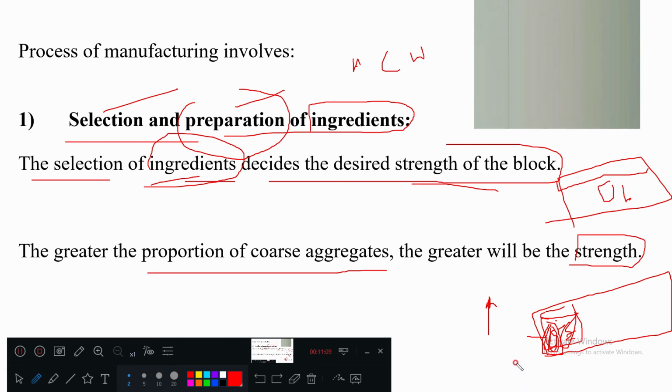So in the design mix, when you are preparing a particular mix for block manufacturing, you do a trial and error method and arrive at proper ingredient quantities. That is why you can increase the coarse aggregate only up to a certain extent.